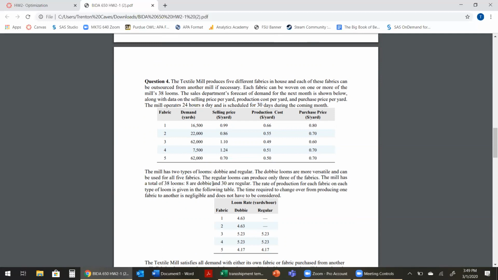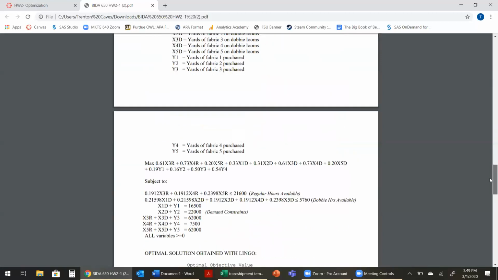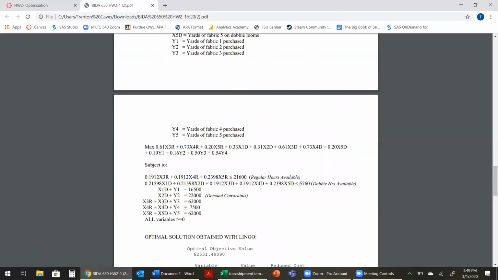So our total hours of Dobie available is 24 hours times 30 days times 8 looms. So that's our 5760. And then 21600 is the hours available for regular looms.